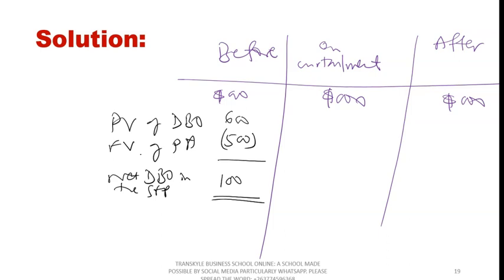But on curtailment, we are told that the defined benefit obligation is going to be reduced by 60,000, as we have just calculated, because a 10% reduction is 60,000. Because we have put zeros there, no need to put other zeros.